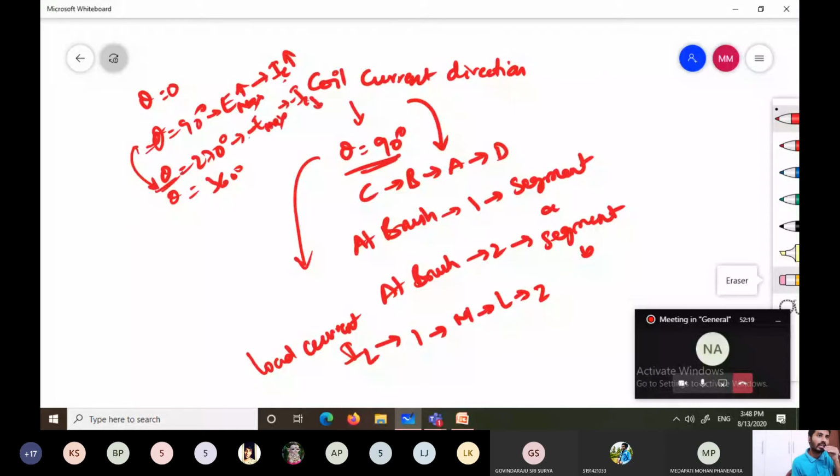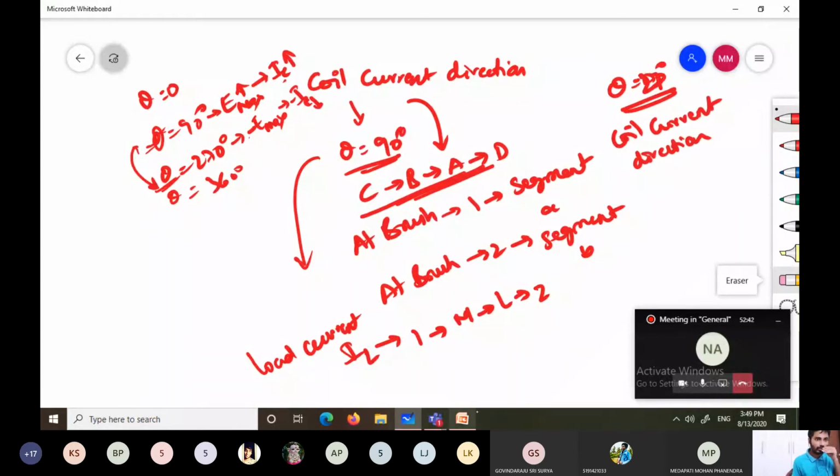That means the coil current direction is reversed. We indicated it at the 90 degrees position, so now we are indicating 270 degrees. At theta equals 270, what is the coil current direction?